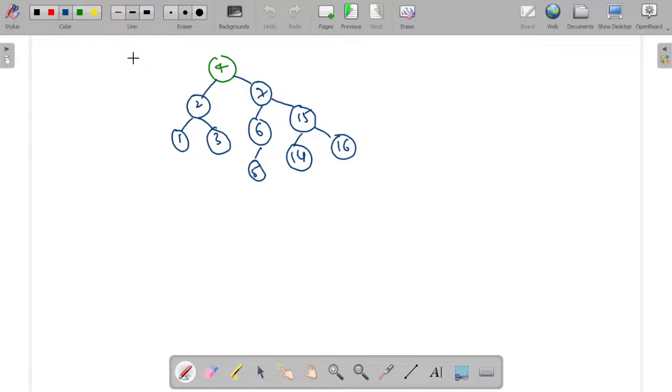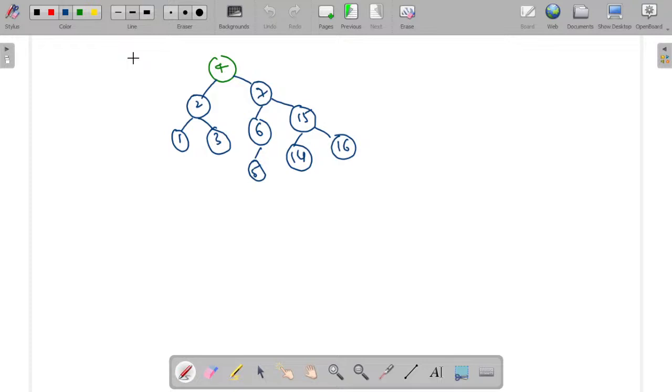I hope this insertion is very clear for everyone, and if you have any doubts, you are free to ask. Sir, can we check the final answer by writing the tree in order? I cannot say that you can do that.